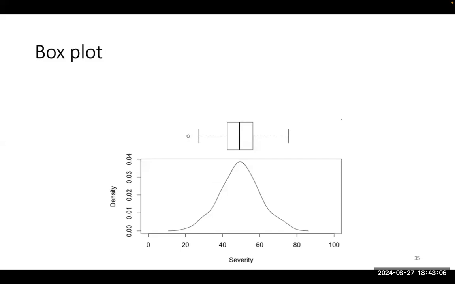Frequency polygons lead us to another way of looking at data, which is the so-called box plot. The box plot is a very elegant way to show data. I will talk about these visual displays in more detail in one of the following classes.